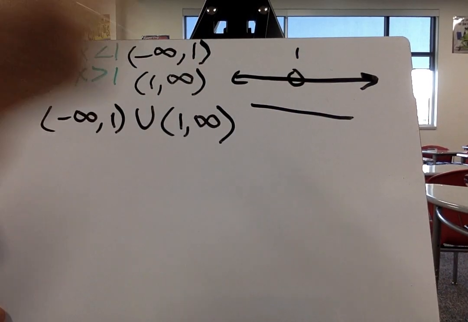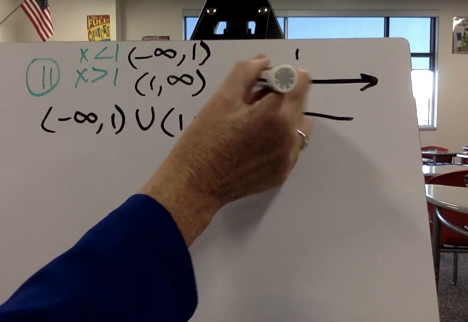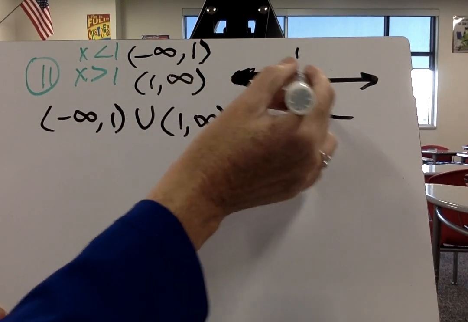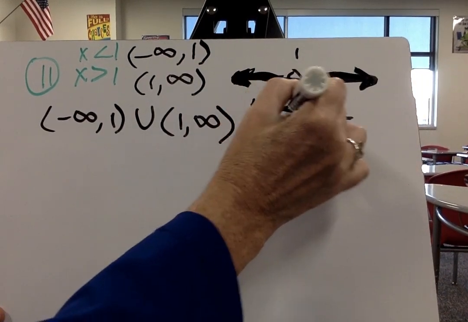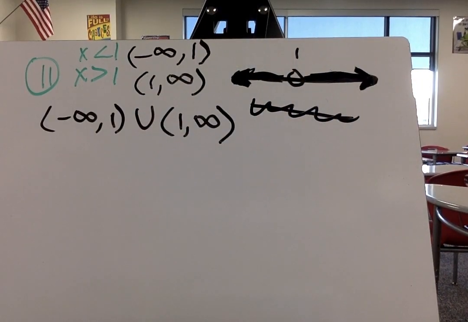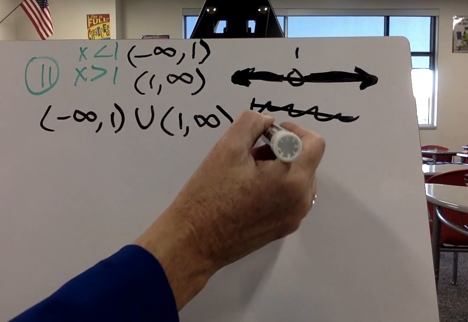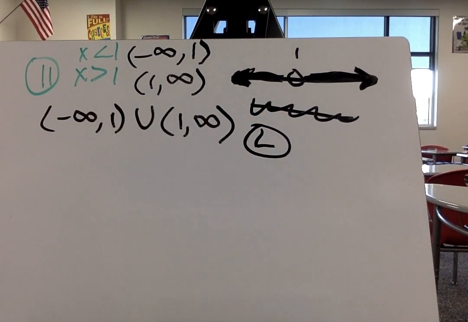Negative infinity to 1 is down here, and 1 to infinity is up here. So it's that graph, so it's everything but the number 1. And do we have a graph for that? L. Okay, students, you can get the rest of this. You rock.